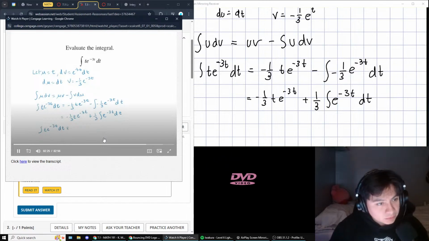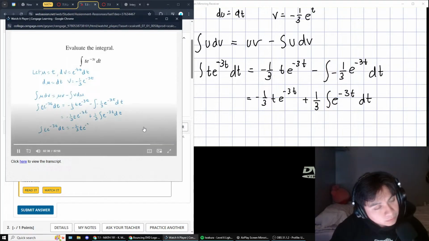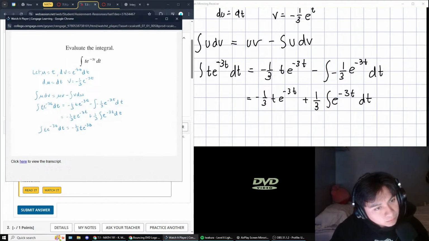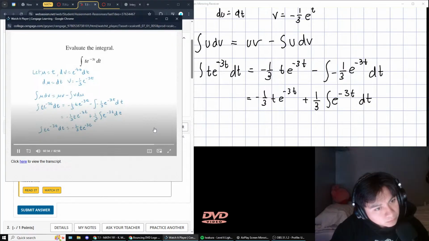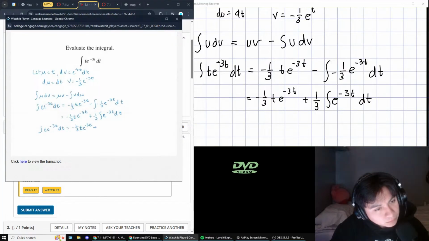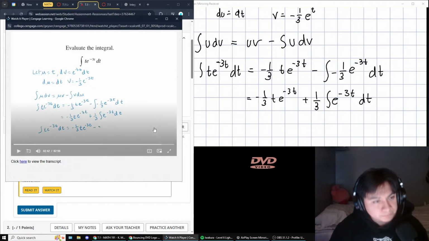And then that equals negative 1/3 t e to the negative 3t minus, because now we have negative 1/3 when we take the integral here, times the 1/3. Oh, you integrate.